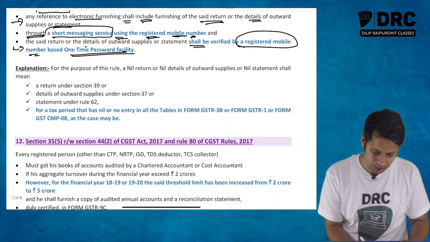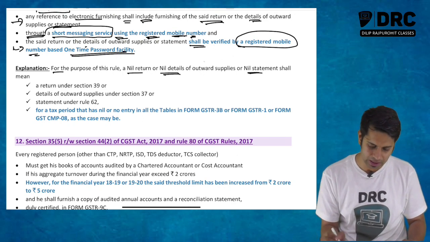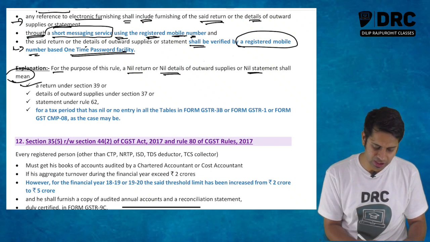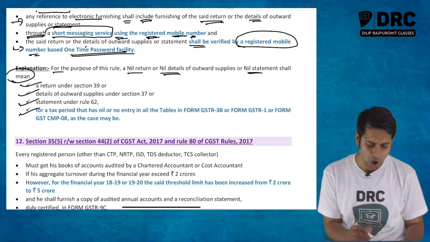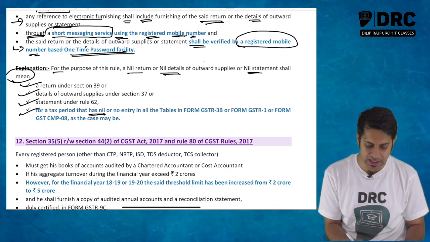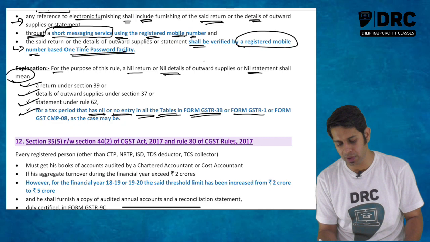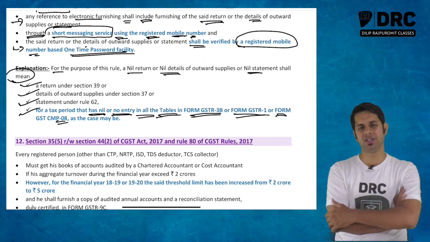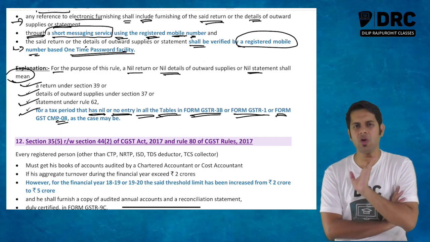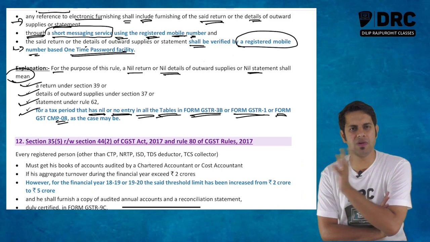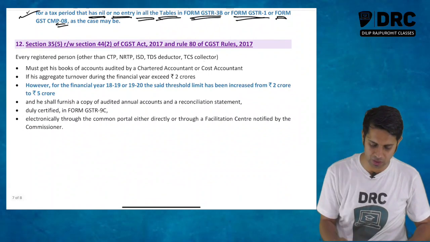Explanation: for the purpose of this rule, nil return or nil details of outward supply or nil statement shall mean a return under section 39 or details of outward supply under section 37 or a statement under section 62 for a tax period which has nil or no entry in all the tables of GSTR 3B or GSTR 1 or GST CMP 08. Meaning you should have neither sales, 0 rupees sales, nor input tax credit. In that case only my tables will be 0. Then that return can be filed by you using this particular scheme.